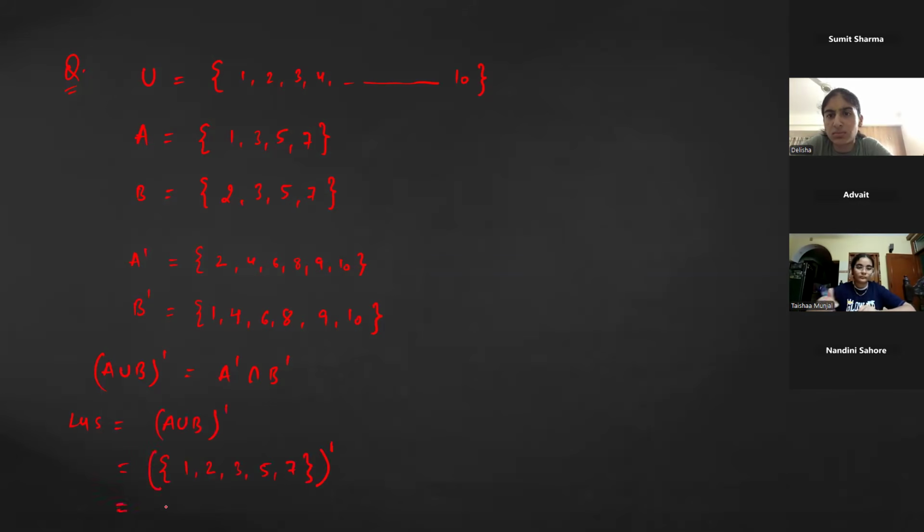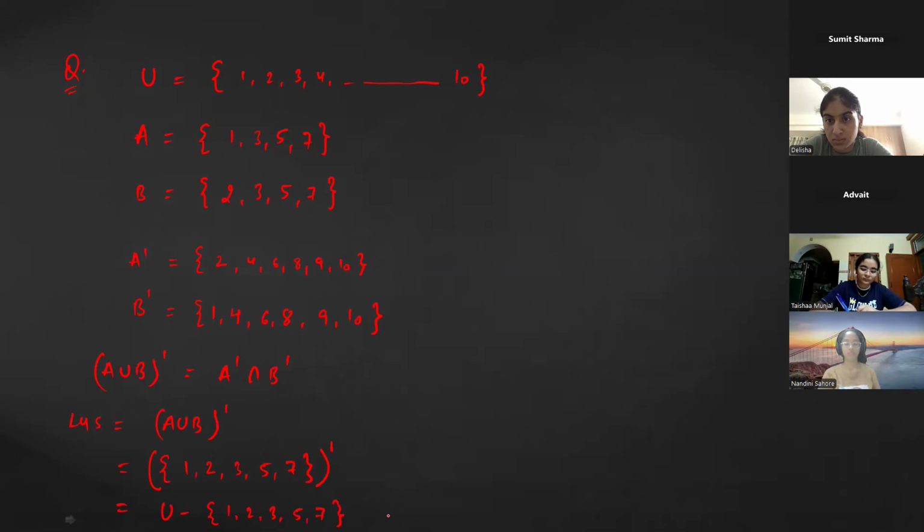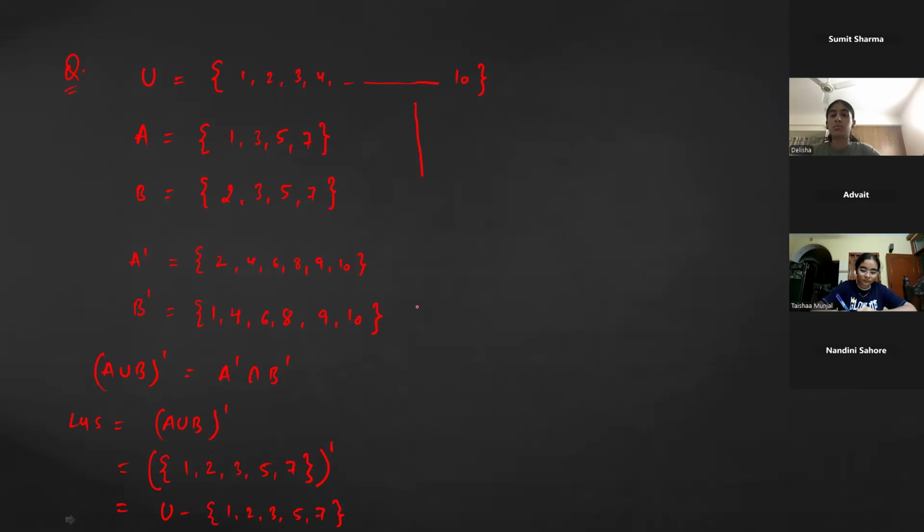So complement is basically U minus this whole set, 1, 2, 3, 5, 7, right? So U minus 1, 2, 3, 5, 7 will be equal to all the elements of U except these 5 elements. So you will get 4, 6, 8, 9, and 10.